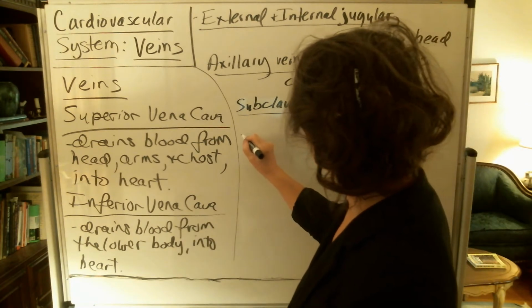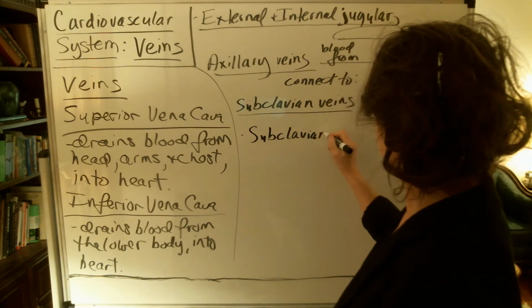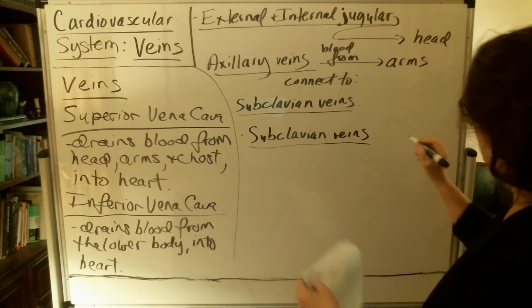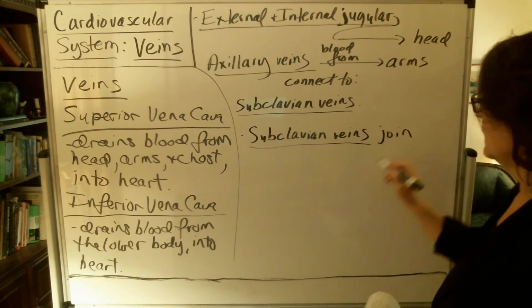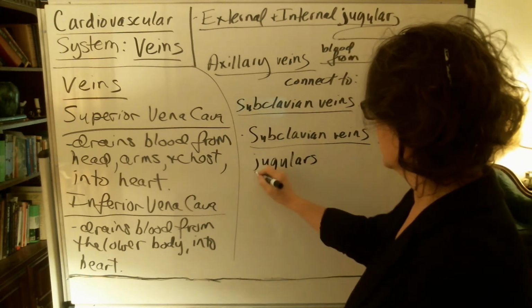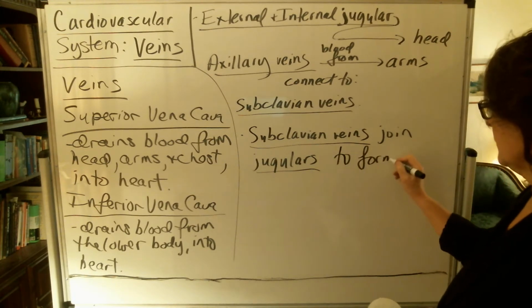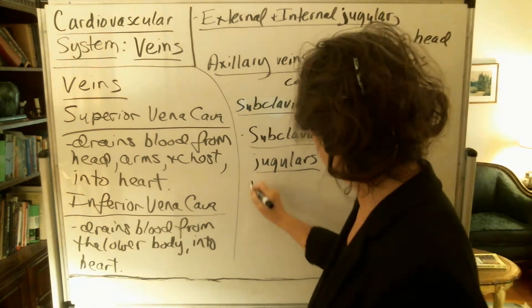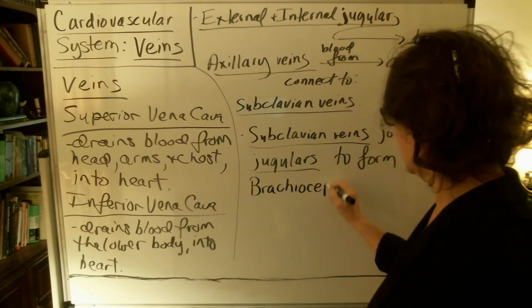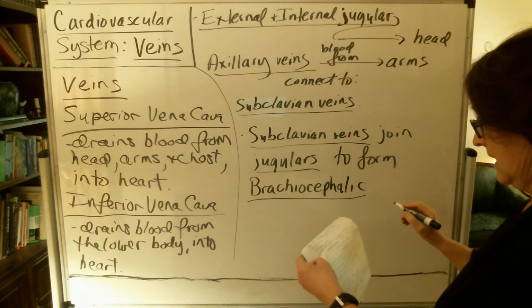And then the subclavian veins in turn join the jugulars to form brachiocephalic veins.